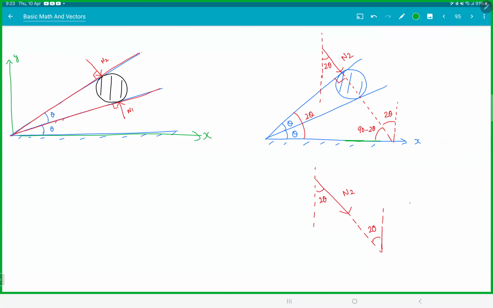Now, what are the components? I can divide the component like this. So this side is touching 2 theta, so that is the adjacent side. N2 cos 2 theta and N2 sin 2 theta. So N2 bar is written as N2 sin 2 theta i cap minus N2 cos 2 theta j cap.